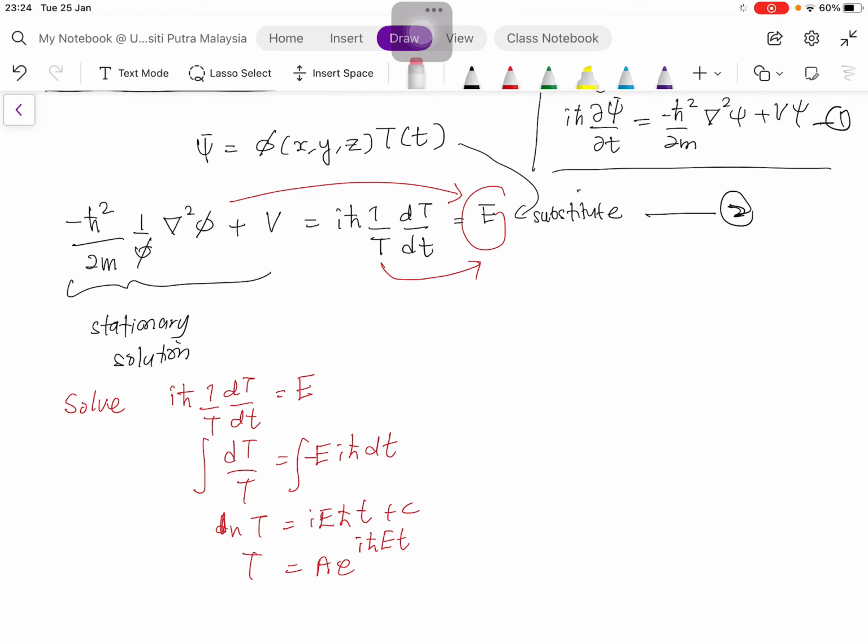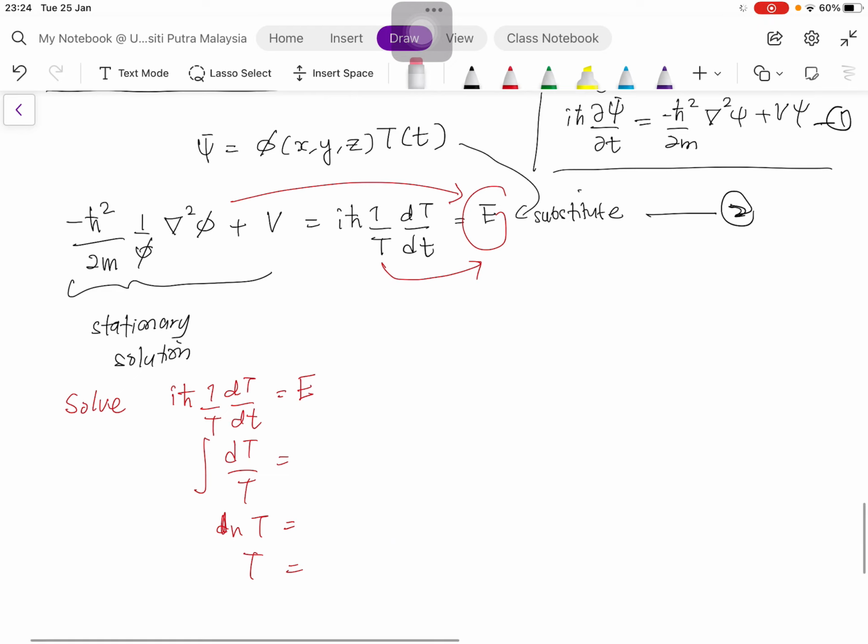So this is not correct. Let me rework this again. So you have i E dt over i h bar. Integrate both sides, you get minus i E t over h bar.